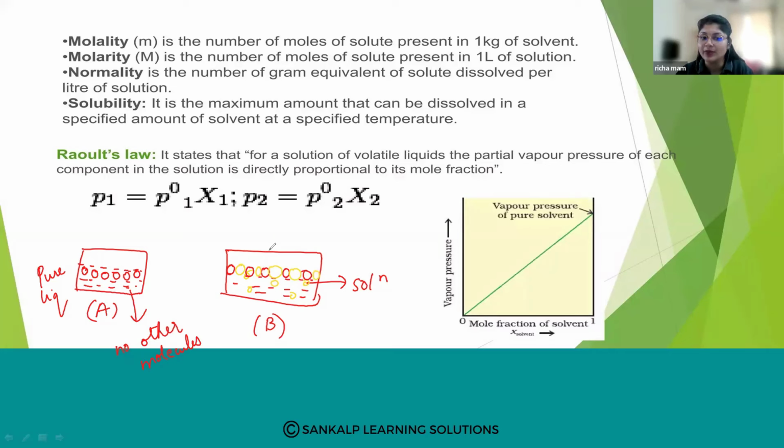So when they are forming vapors, only the volatile liquid will form the vapors, and these vapors will be less in number as compared to the pure liquid, because the pure liquid is all of one type. Because you have both solute as well as solvent, the number of vapors found in the solution will be less as compared to that of pure liquid.